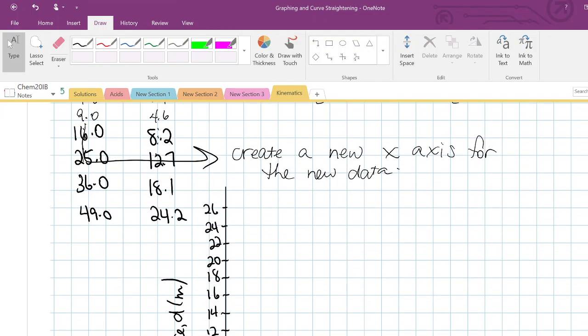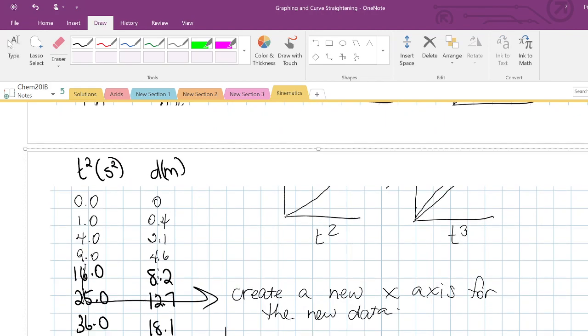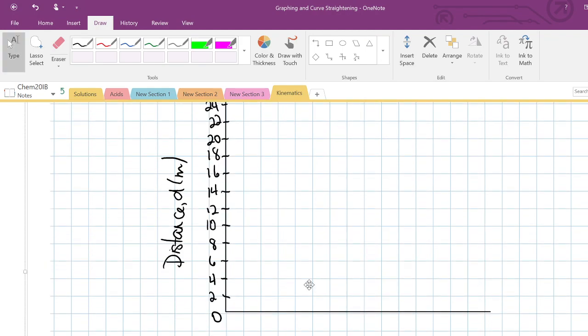Now what I'm going to do is I'm going to look at what is my spacing here. I'm going from 0 to 49. Okay, so basically 0 to 50. And so I want to choose some increments that are nice to work with. Let's see, 10, 20, 30, 40, 50. That works pretty well.